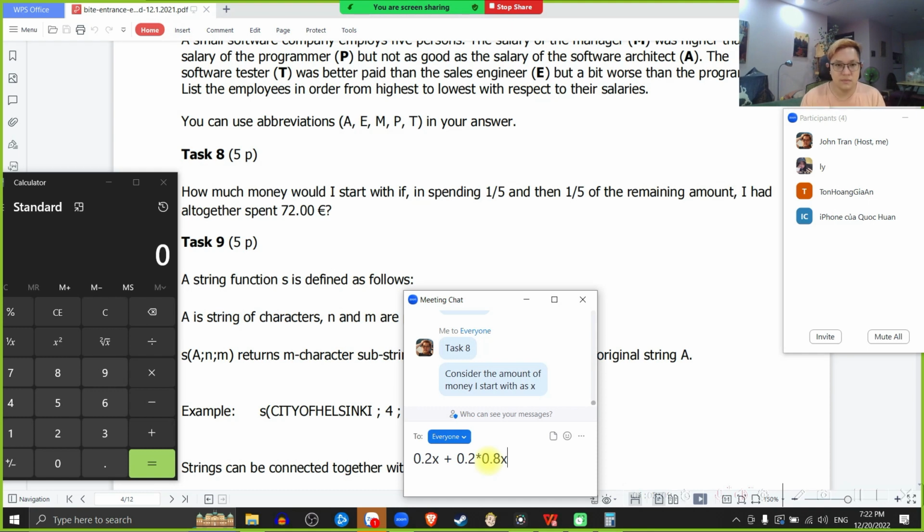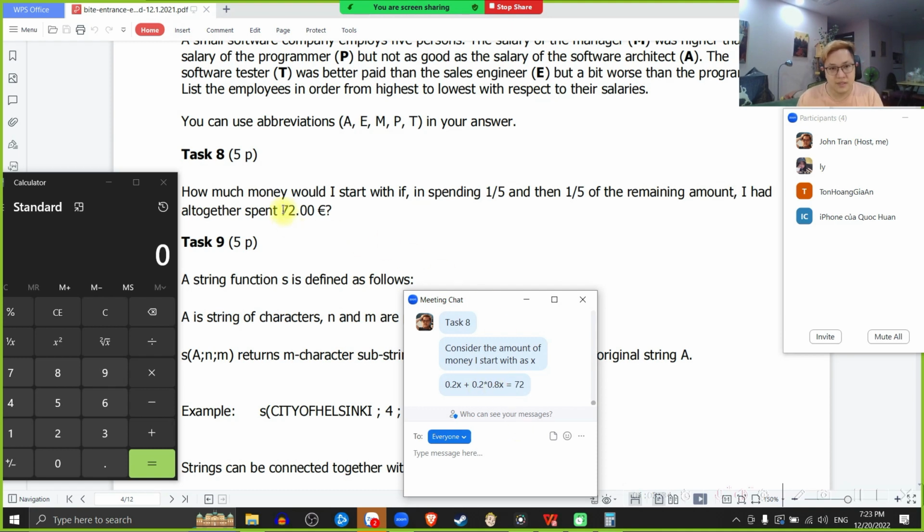So I have altogether spent 72. Cái lượng còn lại là 4/5 mà mình dành mà mình chi tiêu 1/5 của lượng còn lại. Tức là 0.2 nhân 0.8 đúng không? 4/5 là 0.8. So 4 out of 5 is 0.8 and I spent a fifth of the remaining amount. So 0.2 times 0.8x.